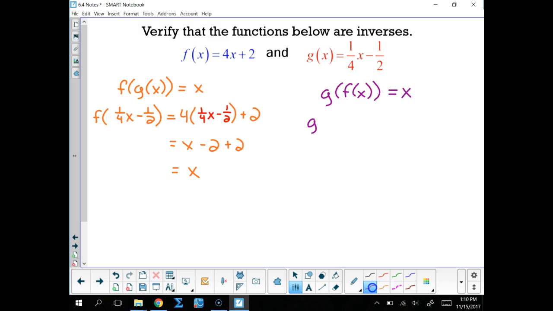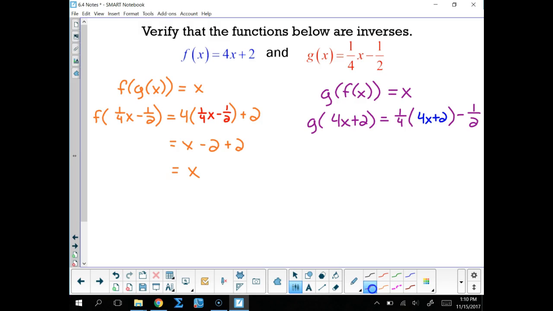So that's g of 4x plus 2. So that's going to be 1/4 times 4x plus 2, minus 1/2.